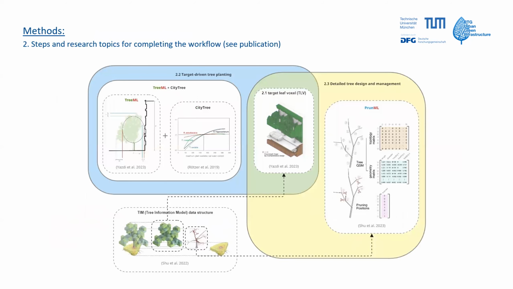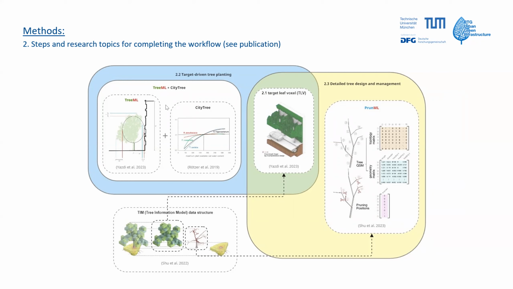Here are the specific steps and research topics for achieving these aims. The first step is to set the target leaf voxel based on the design aim. The second and third steps address the environmental effects and manipulation that impact tree growth for reaching this target leaf voxel.